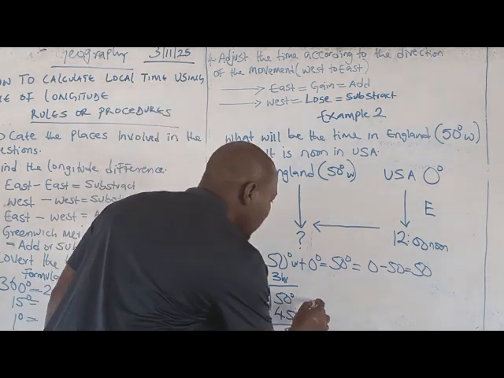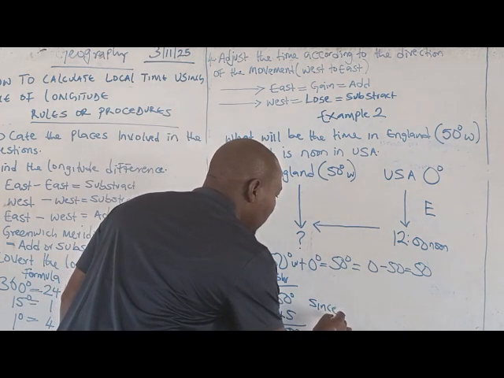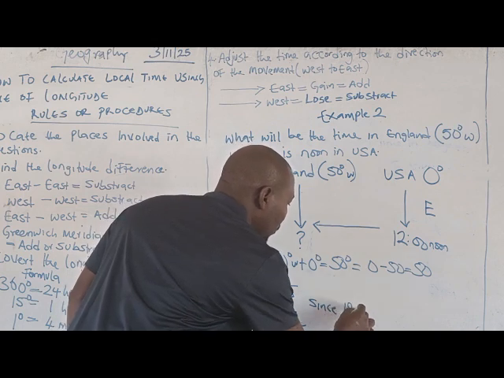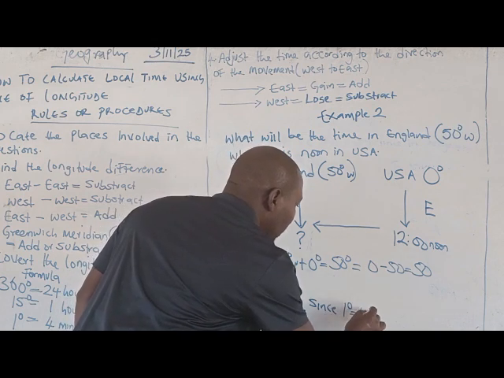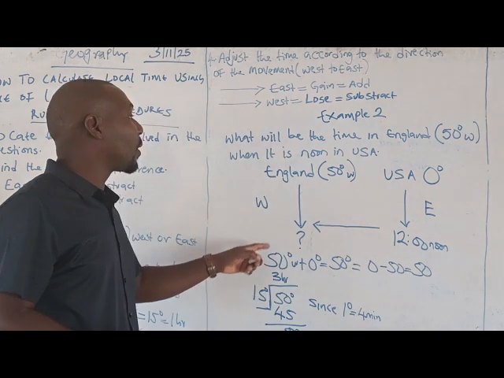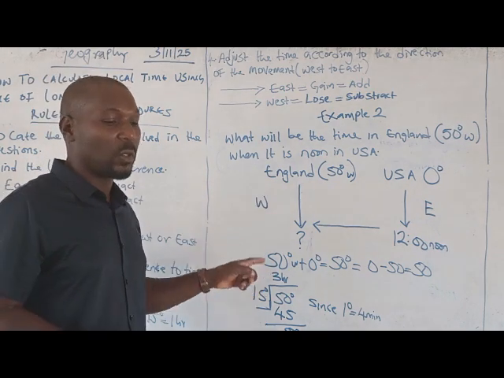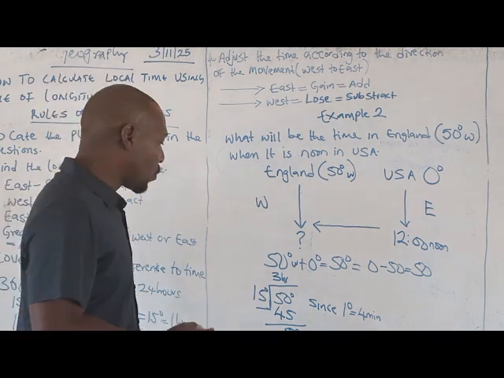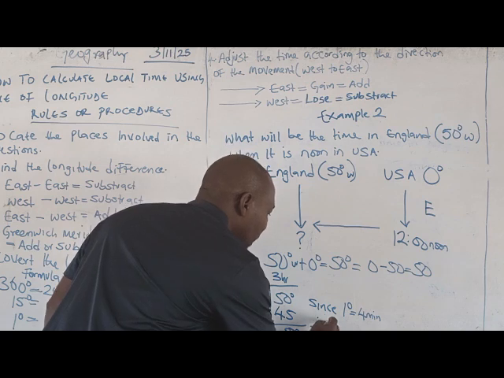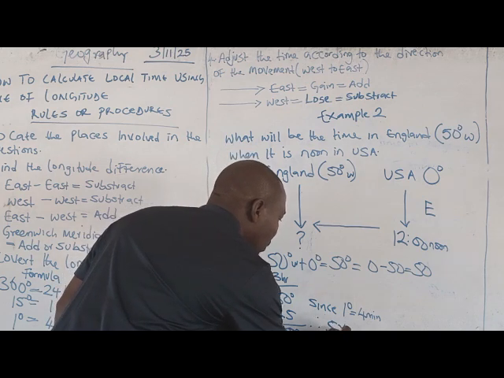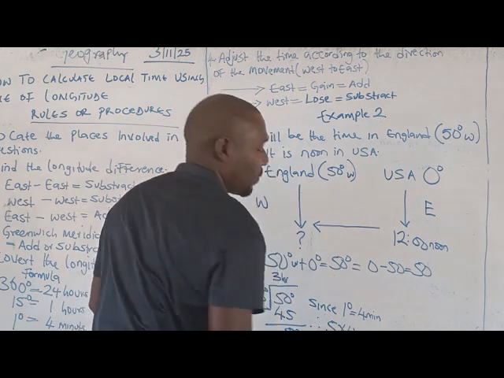So they say since 1 degree is equal to 4 minutes, and remember, we are converting the longitude to time, therefore we have to multiply the remainder. 5 multiplied by 4.